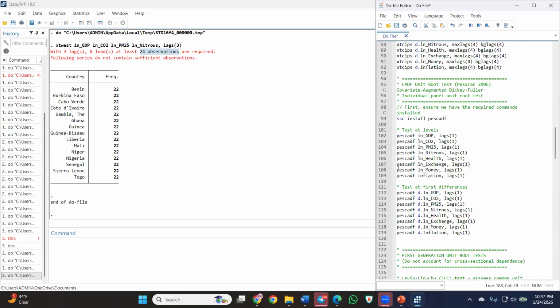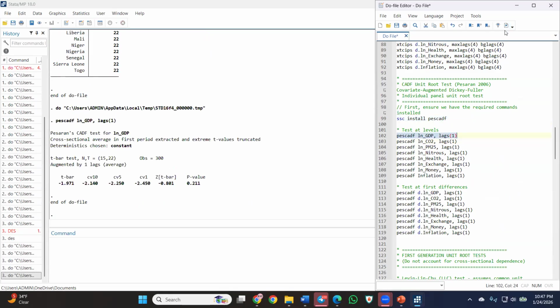So the CADF is also another model. If you don't have it, you can install it using ssc install. Then let me run it. Okay, so this is the CADF.